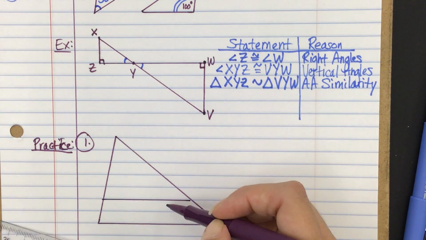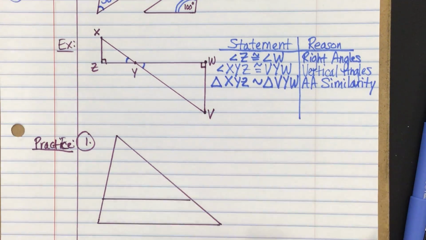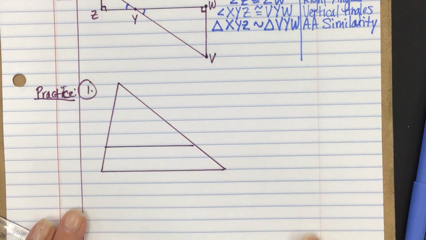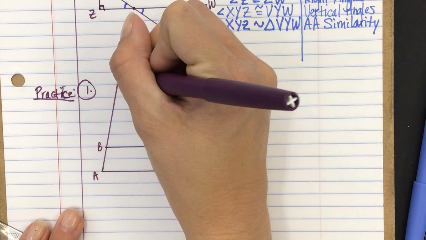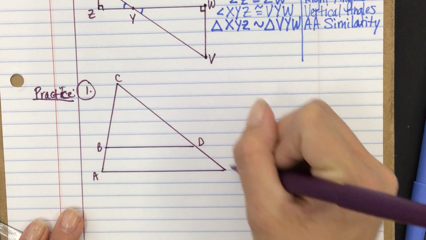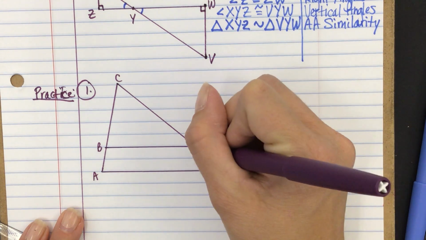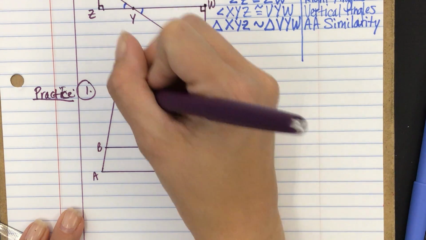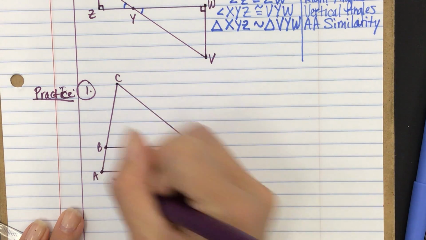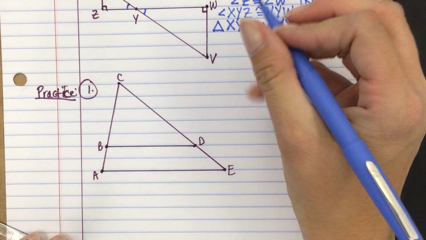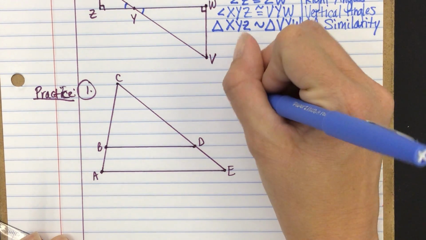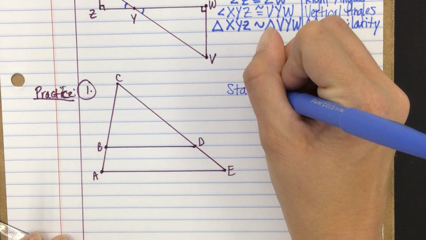Okay, for this problem, we're assuming that these 2 lines are parallel to each other. And I'm going to give these names, A, B, C, D, E. Okay, so go ahead and do a statement and reason chart for this to show that those are, in fact, similar triangles.